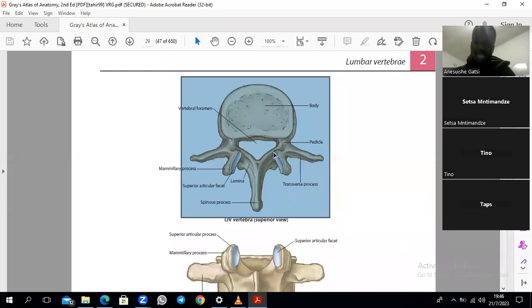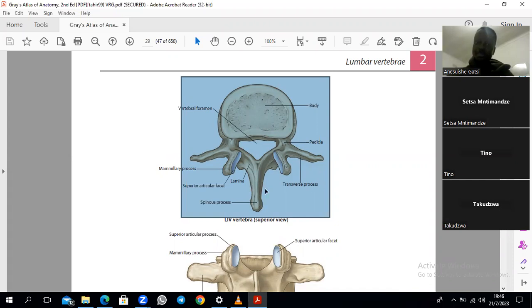Then you look at the lamina here. The lamina are also going to be short and thick, and remember they're meeting to form this spinous process, which we said is quadrilateral in shape. It's projecting backward, that spinous process.